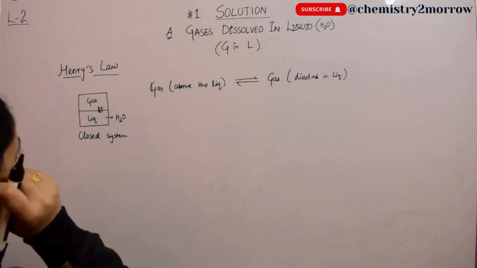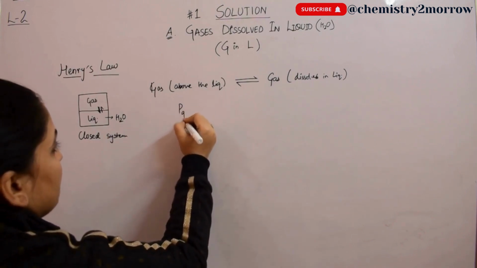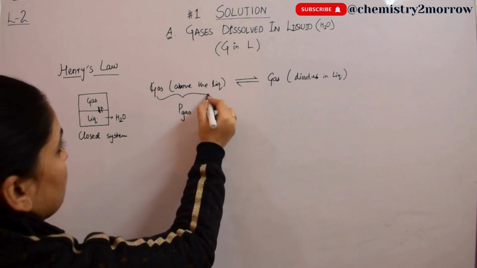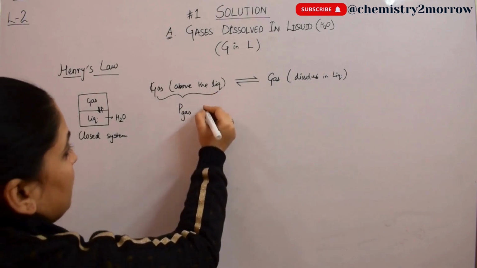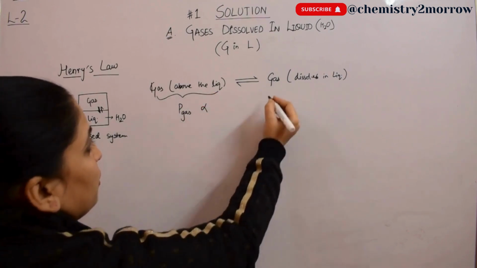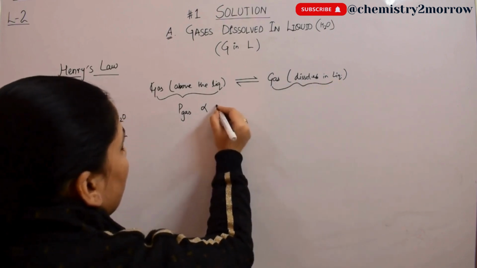So according to Henry's law, the pressure of the gas, this gas which is above the liquid, is directly proportional to the gas dissolved in liquid.